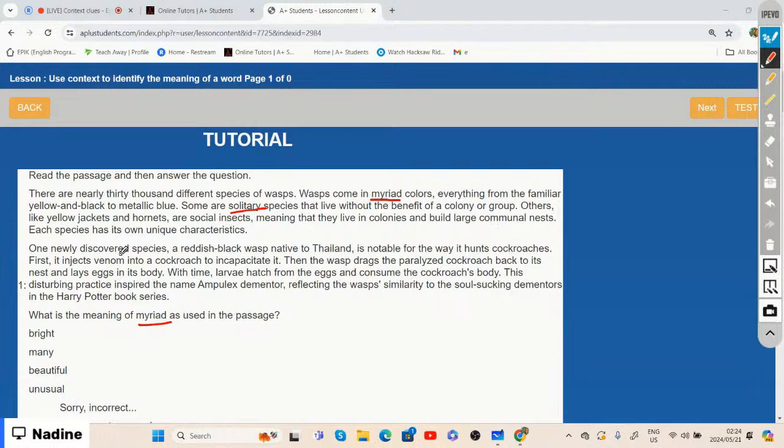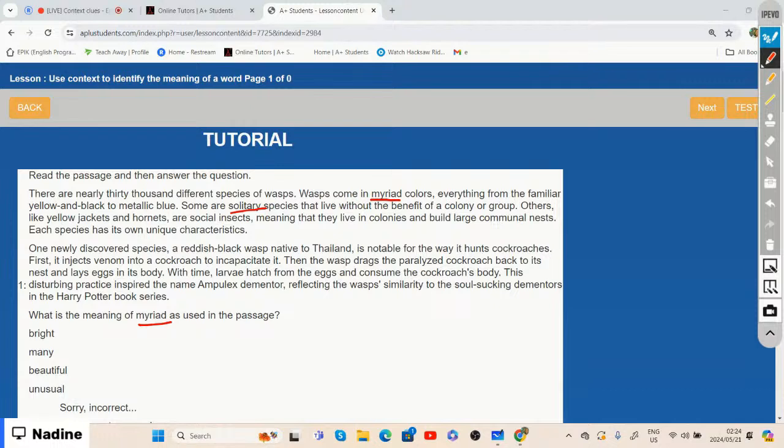And before we even go to the words that are given to us, right? If we look at the word myriad, it says it comes in myriad colors, and we can say it comes in many colors, right? Because here they are even giving us colors, and in the second paragraph, they're even mentioning another color. So far they're giving us yellow and black and metallic blue, right?